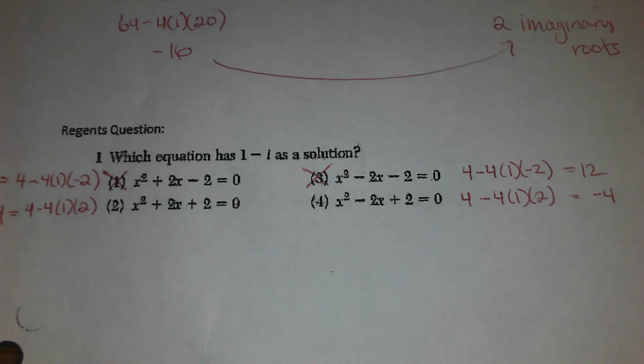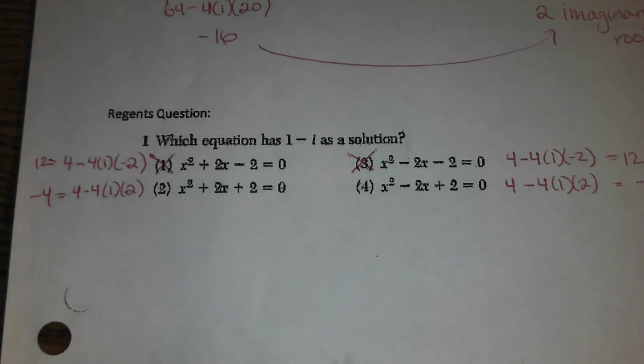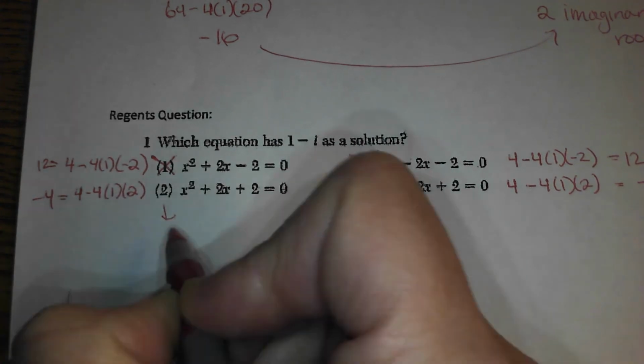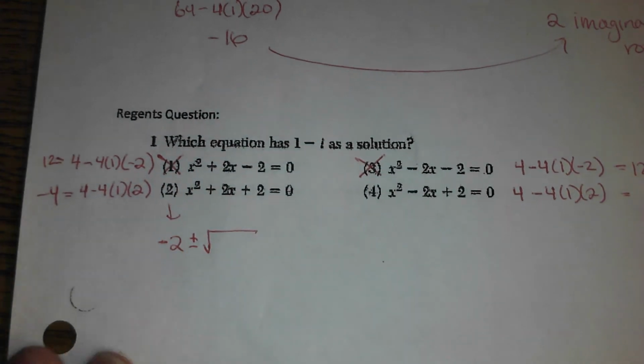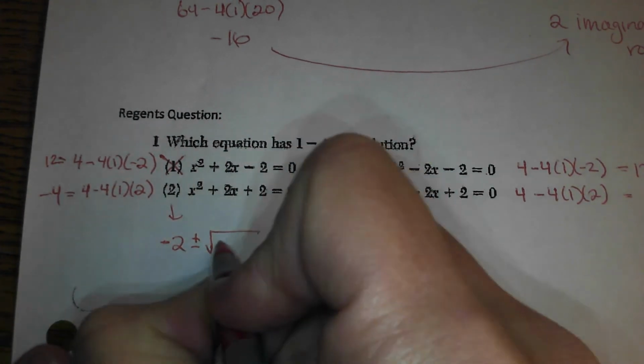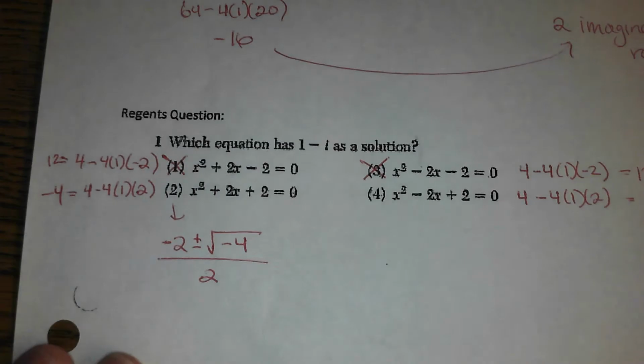And then unfortunately there is really no way other than to go ahead and do the entire quadratic formula with both of these. The nice part though is we've already done the discriminant for each of them. So for 2, if I do negative b plus or minus the square root of the discriminant, I already know that that's negative 4. All over 2a is just all over 2.